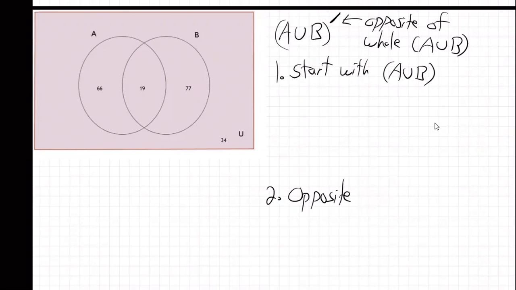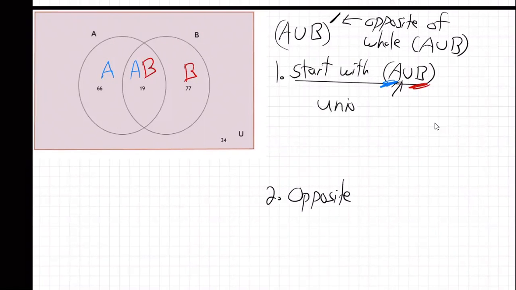All right. So step number 1, start with A union B. So you know how to do that? So I'll do the A in blue here. So A, those are the two regions in A. The B in red, B, those are the two regions in B. And then what do they want here? They want the union.